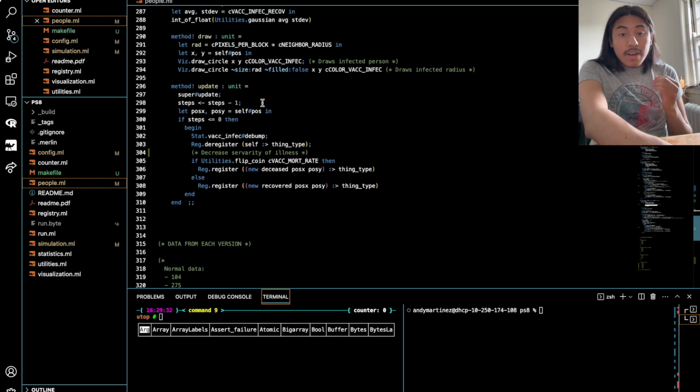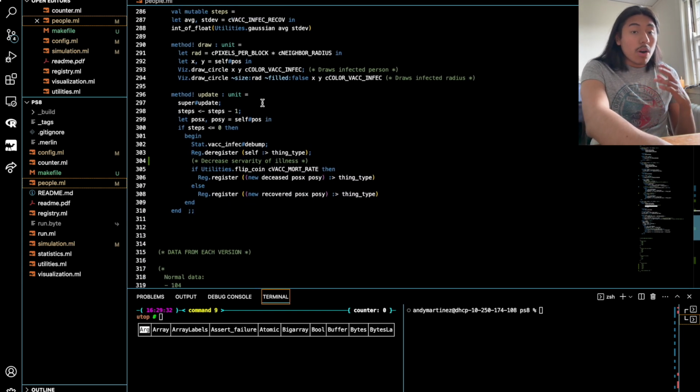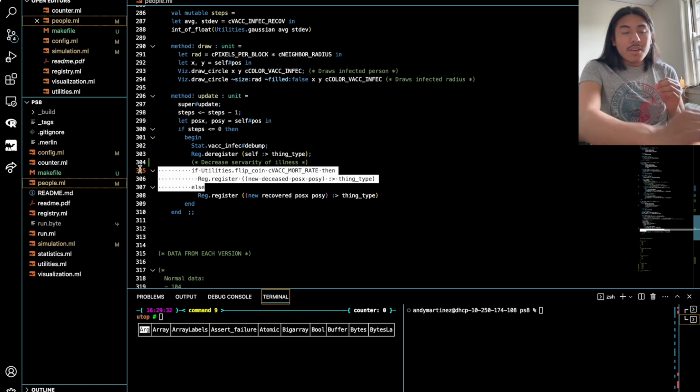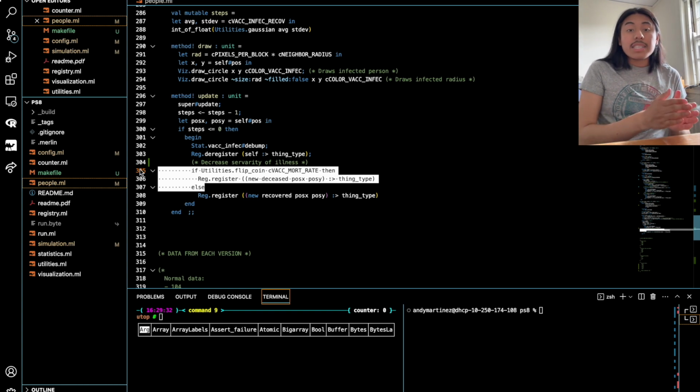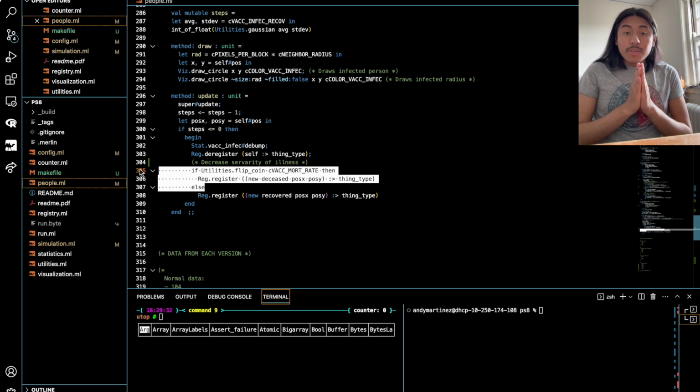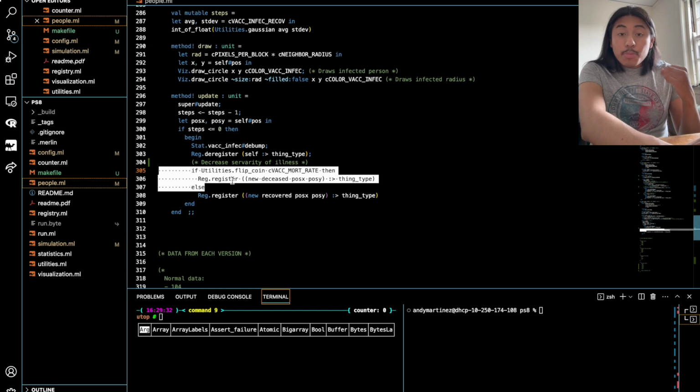Now, the third and final, and arguably the most important for our simulation, defining characteristic is a decreased severity of symptoms. In the real world, if you get vaccinated and you contract the disease, the severity of your symptoms tends to be a lot lower. And I've implemented that right here. This portion of the code calculates the mortality rate, or whether this person that is infected is going to die.